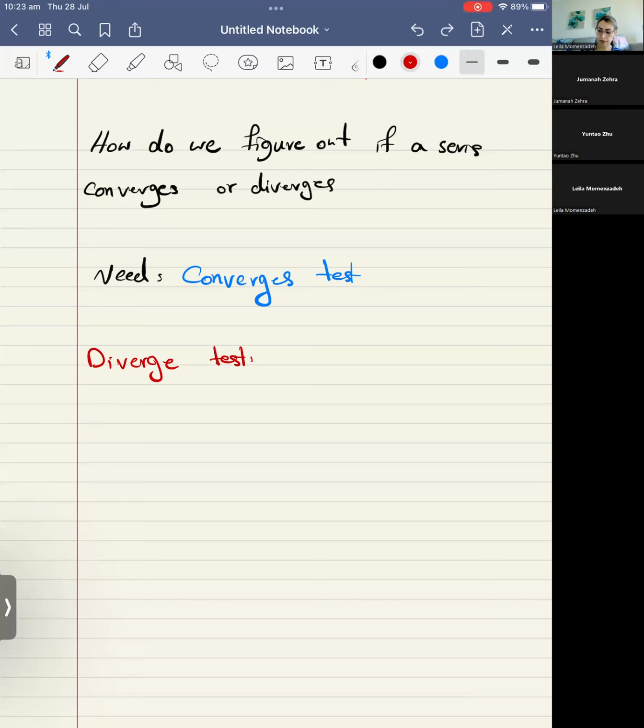If a_k does not tend to 0, then the summation of a_k must diverge, not should, must diverge.